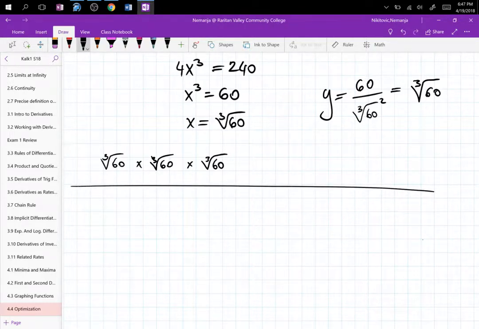So is the constraint the one with the bottom x squared? Constraint is always what's given to you as a number. So in this case, the volume was given, 60 cubed. So that's the constraint. And the objective is always the one with min and max in it, because that's what you are trying to figure out.